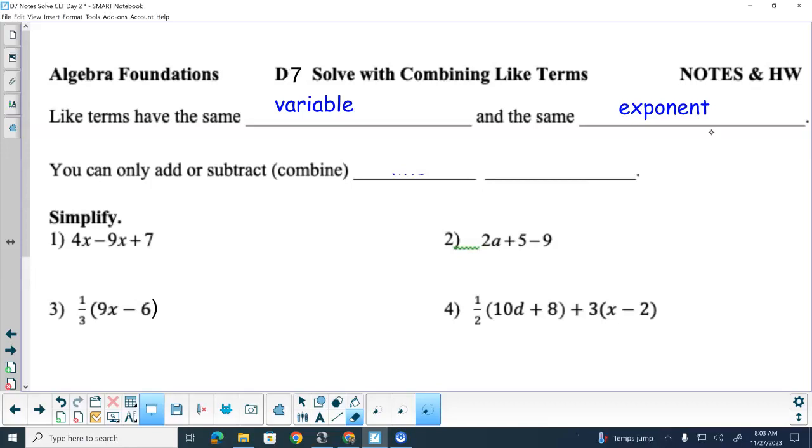So yeah, we only add and subtract the coefficients of them. Okay? And so when we combine like terms, we're adding and we're subtracting the coefficients, not changing the variable at all. Okay?